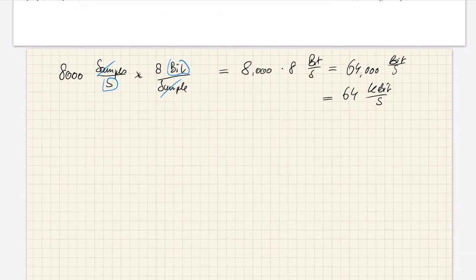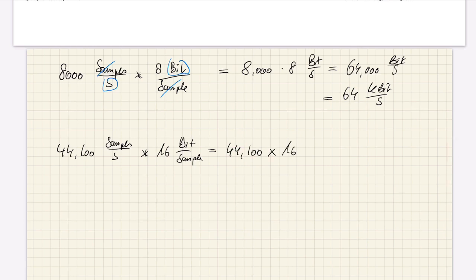44,100 samples per second times 16 bit per sample, so it's equal to 44,100 times 16 bit per second.